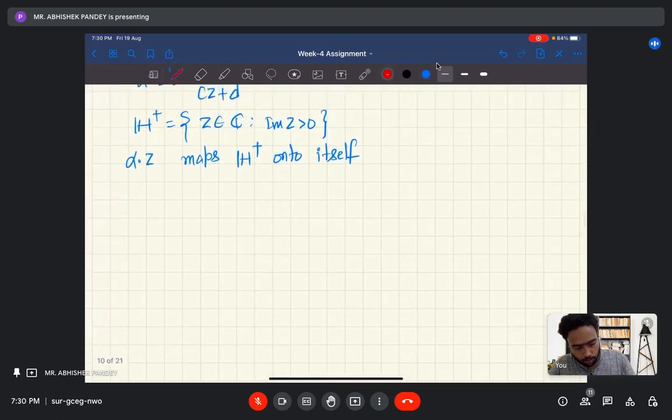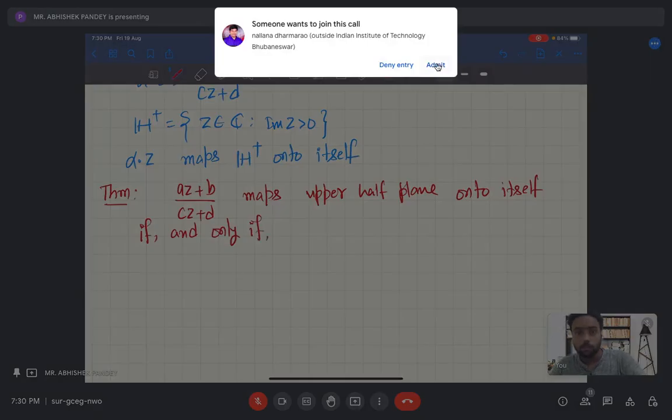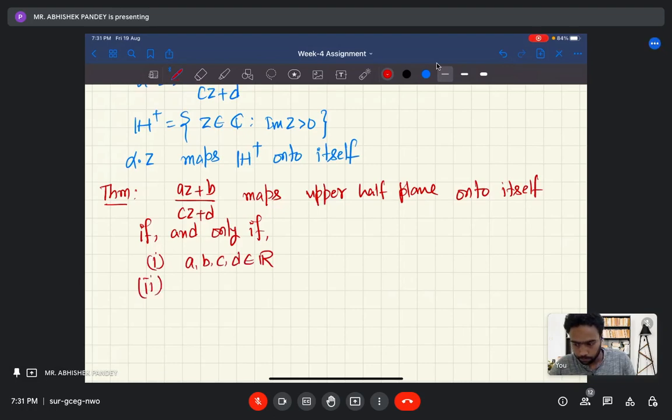So I will recall this theorem. The Mobius transformation Az plus B upon Cz plus D maps the upper half plane onto itself if and only if these two conditions hold: A, B, C, D belong to R, and AD minus BC is positive.